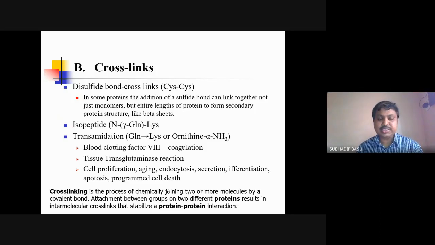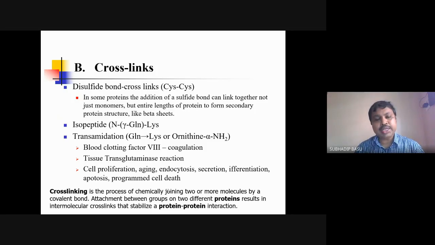So you can see that different types of amino acids can actually form different types of crosslinks, and that is done through different types of post-translational modifications.